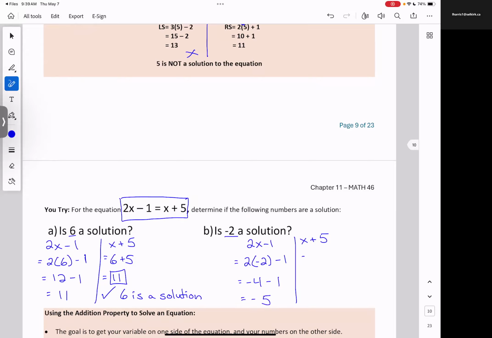On the right, we'll have -2 plus 5, which gives us 3. So since -5 does not equal 3, no, this is not a solution. And so this is a really useful tool when you start solving these equations to double check your answer and verify if it's correct.